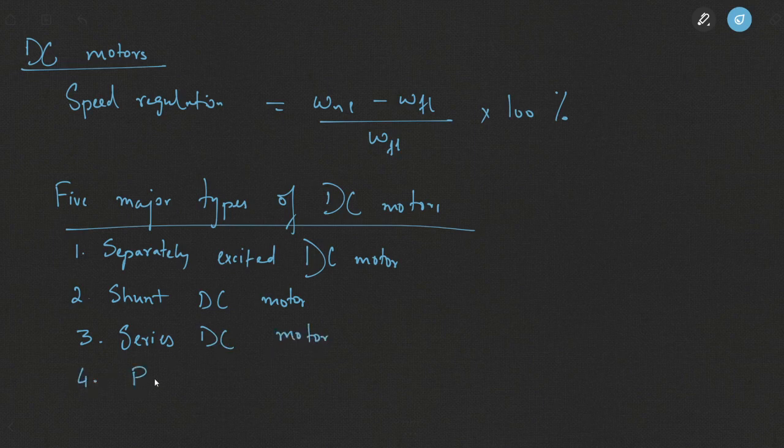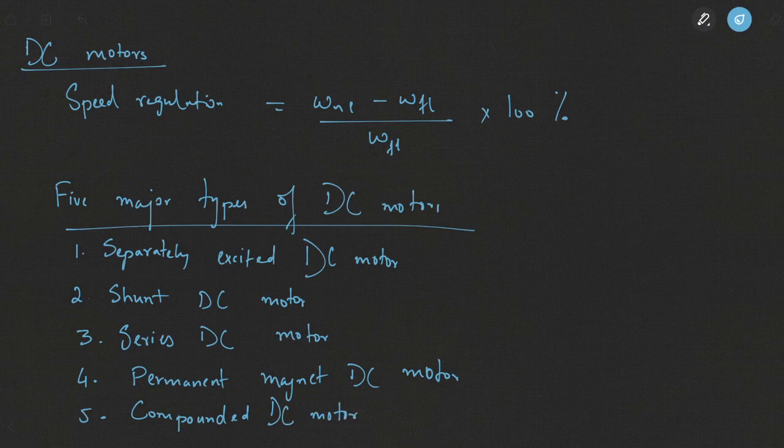Fourth, we have the permanent magnet DC motor, and fifthly, we'll be having the compounded DC motor. So it can be an over compound or an under compound DC motor.